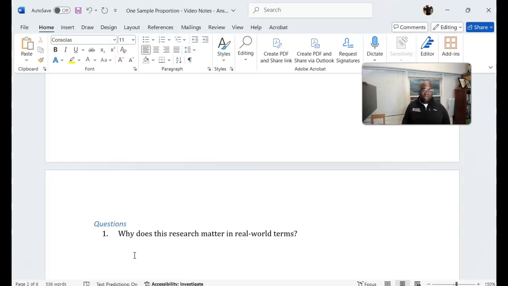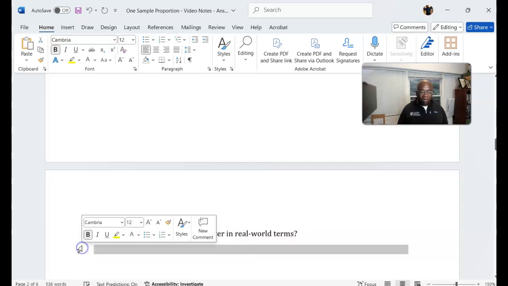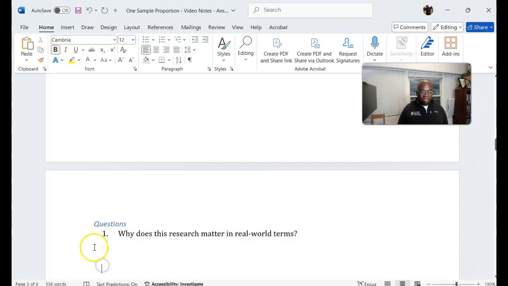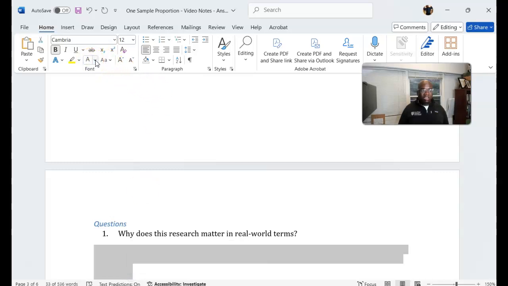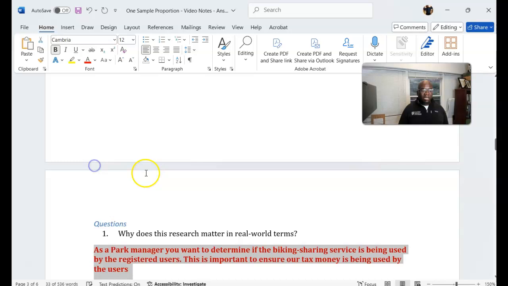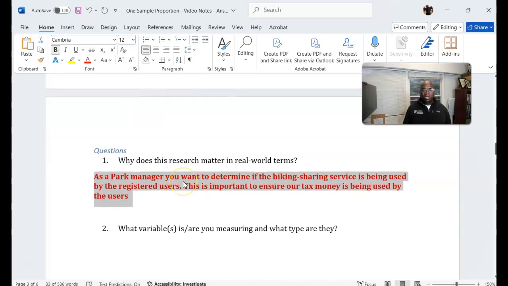So here the actual importance is to know if this program is being used by our constituents, by our users, and are we actually putting our tax money to good use?